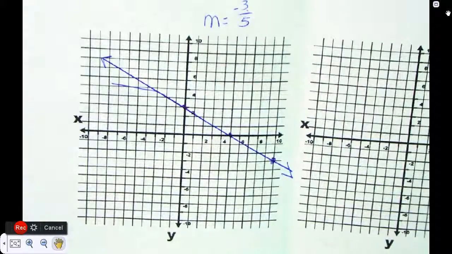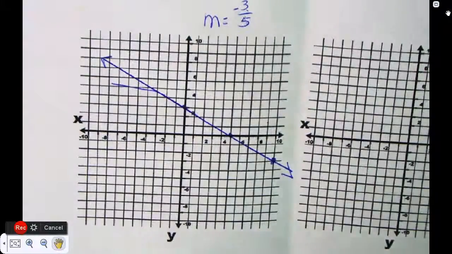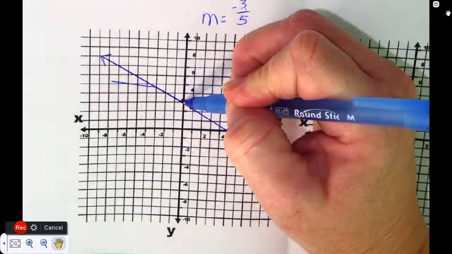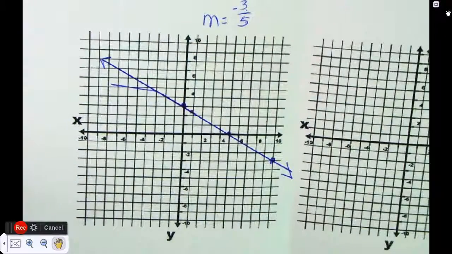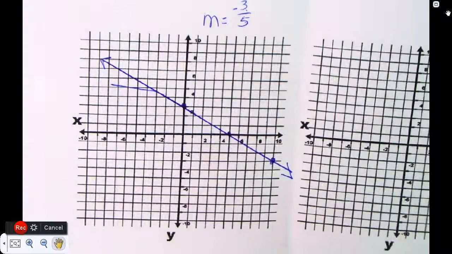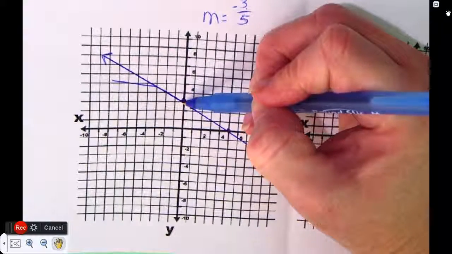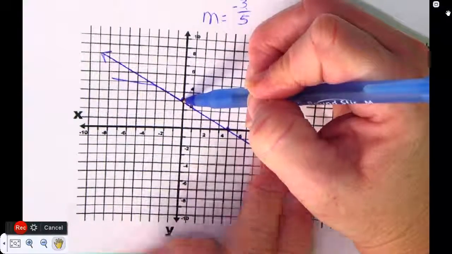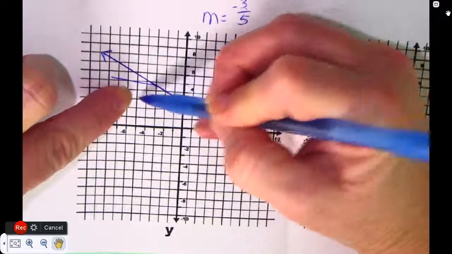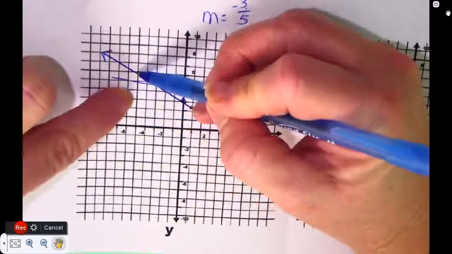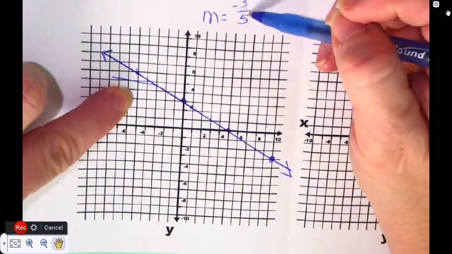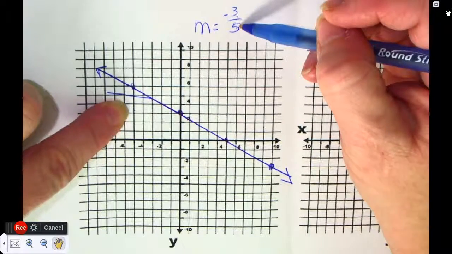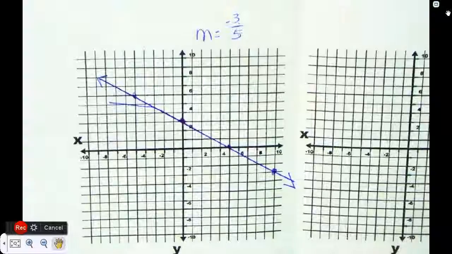Okay, now, guys, after you get it drawn, I want you to look at something. From the 0, 3, let's say that you didn't have room to do another one. Could you go negative 5? Because you run negative 5 and then up 3? Yes. So the negative sign, if it's negative, can be on one or the other. We good?